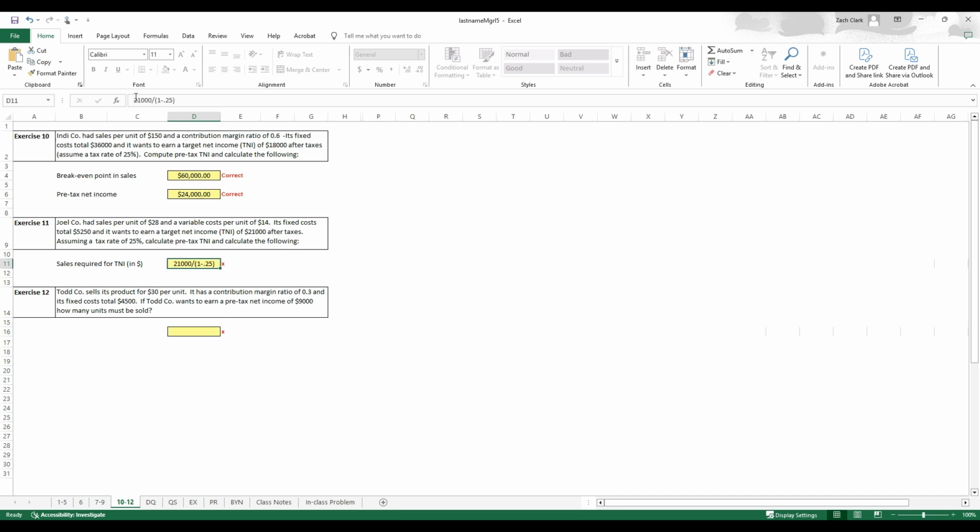So we're targeting $28,000 of pre-tax income to arrive at $21,000 after taxes are taken out, right? That's handy information to have.